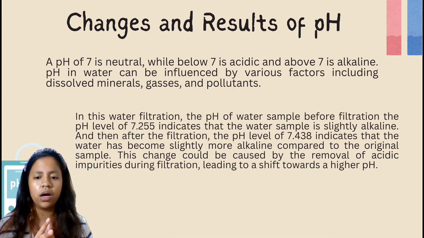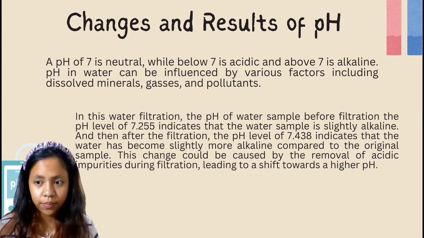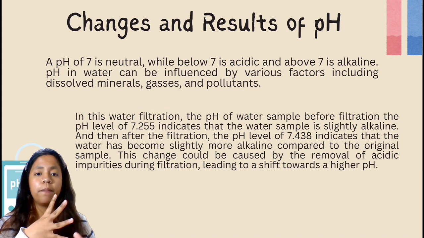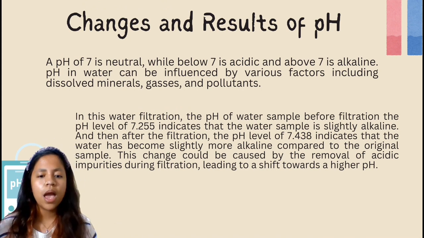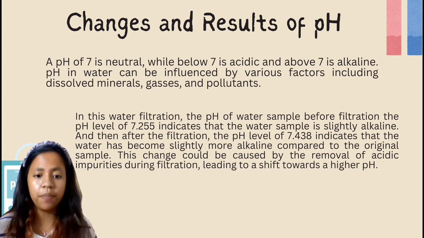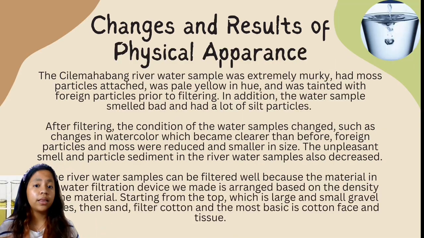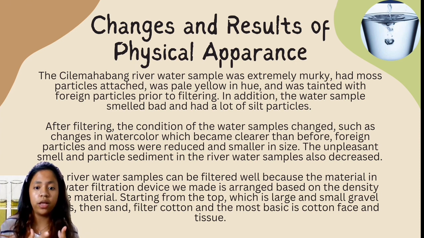That indicates that the water sample is slightly more alkaline than before filtration. This change could be caused by the removal of acidic impurities during filtration, leading to a shift towards a higher pH.